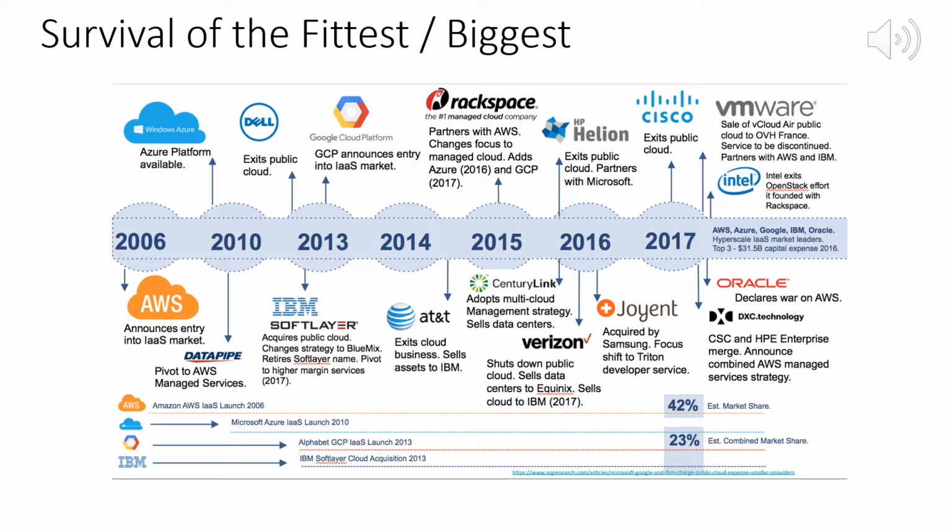One of the surprising things that happened is that HP exited this market also. We assumed through their offerings they would have a very stable platform. And we see, for example, Cisco also exiting.